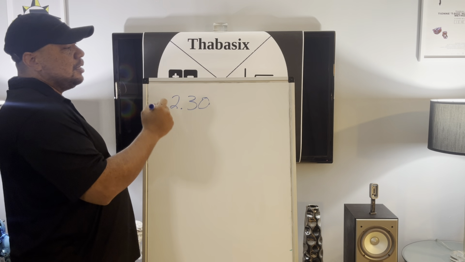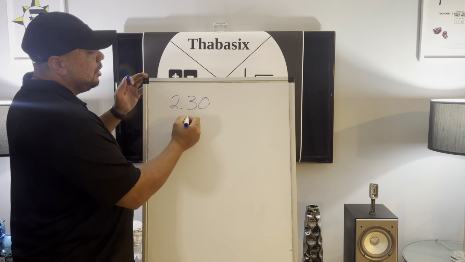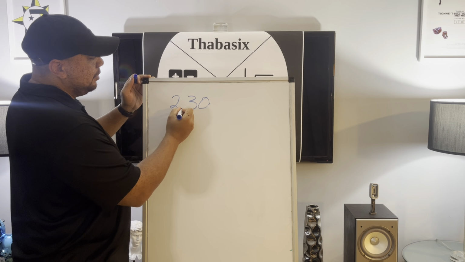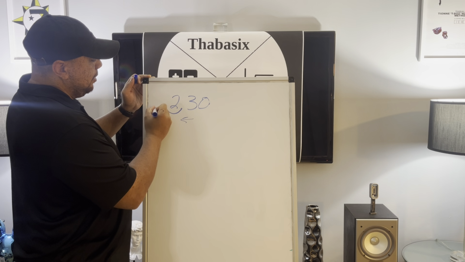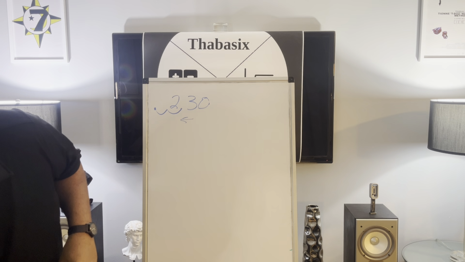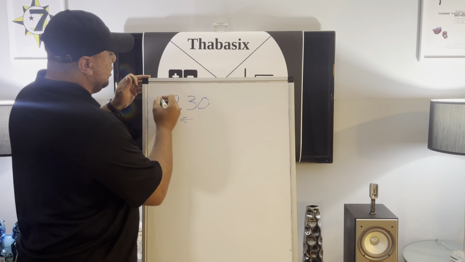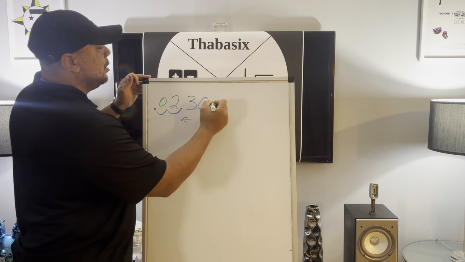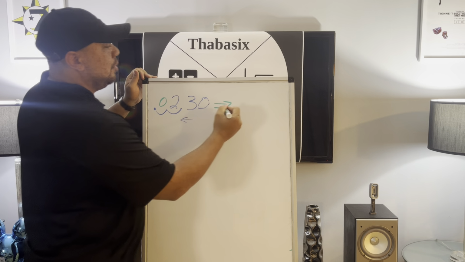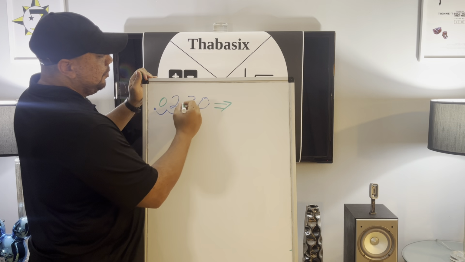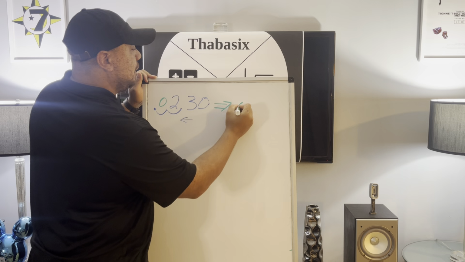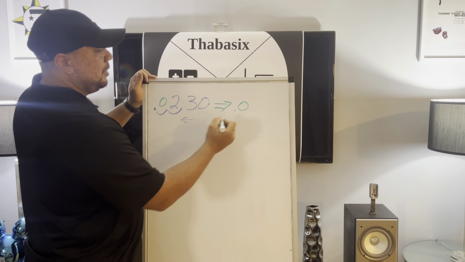But basically, the quick way to get to 1% is to move the decimal place over 2 times to the left. I'll change the colors. So a 1% increase from $2.30 would be, now the decimal place is here.